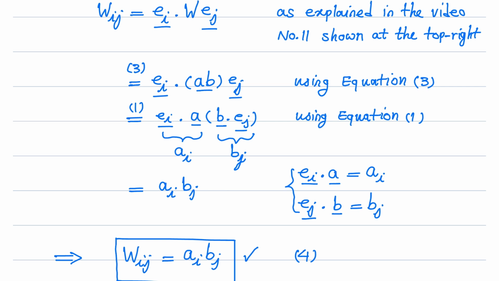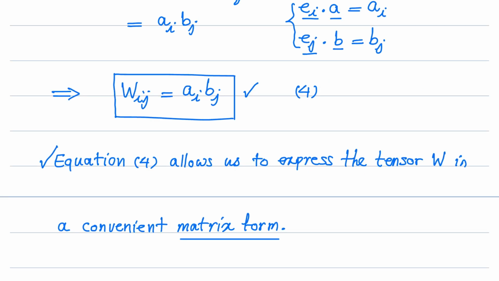And using the definition 1, it can be written as the dot product of vectors Ei and A, which is equal to Ai, and the dot product of B and Ej, which is equal to Bj. So it is equal to AiBj. Therefore, Wij is equal to AiBj.